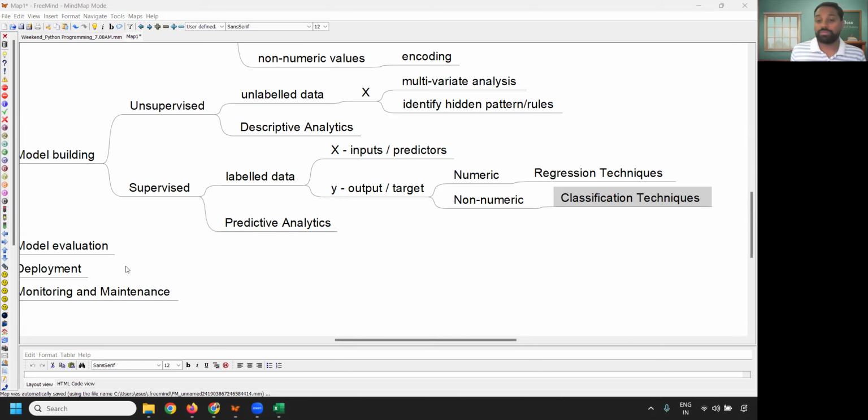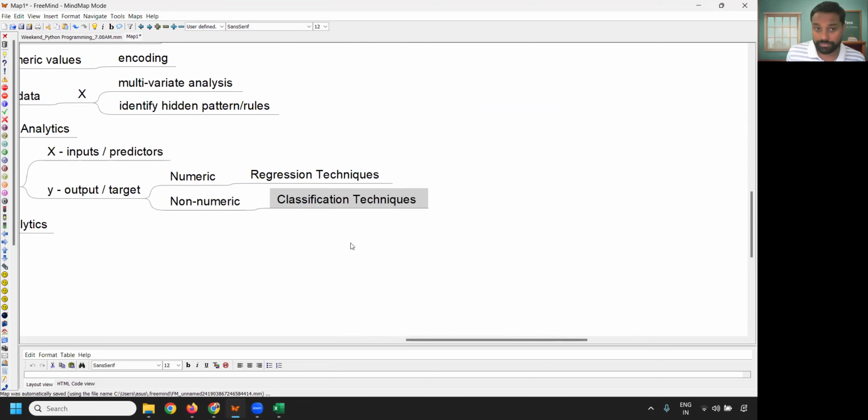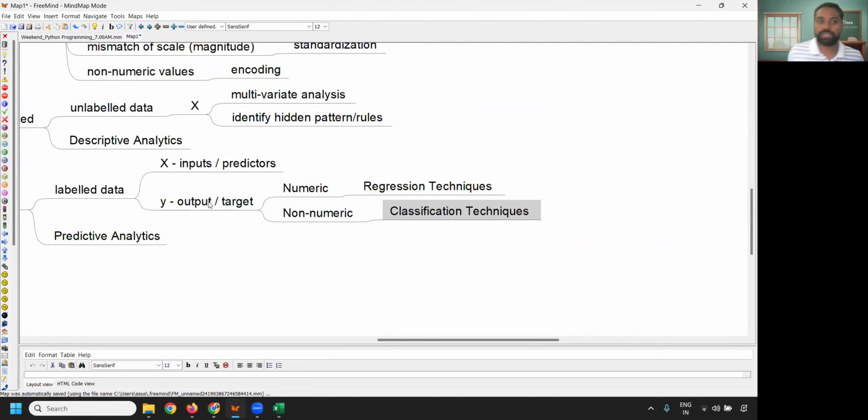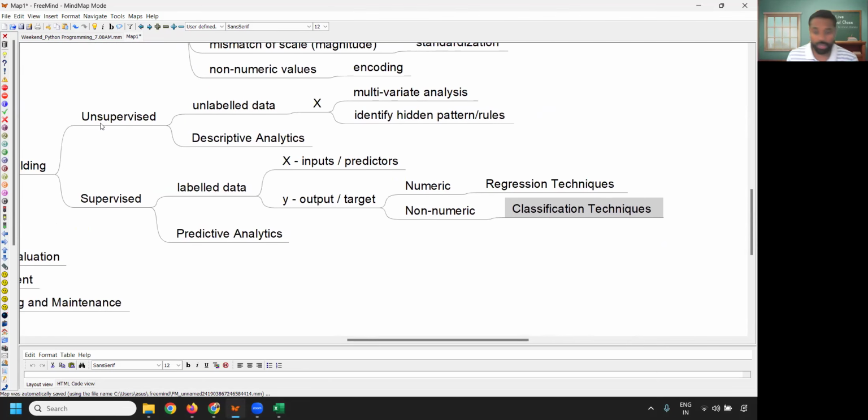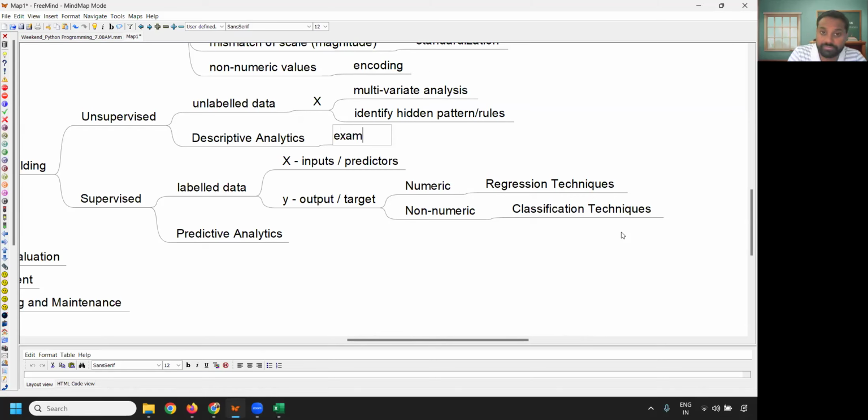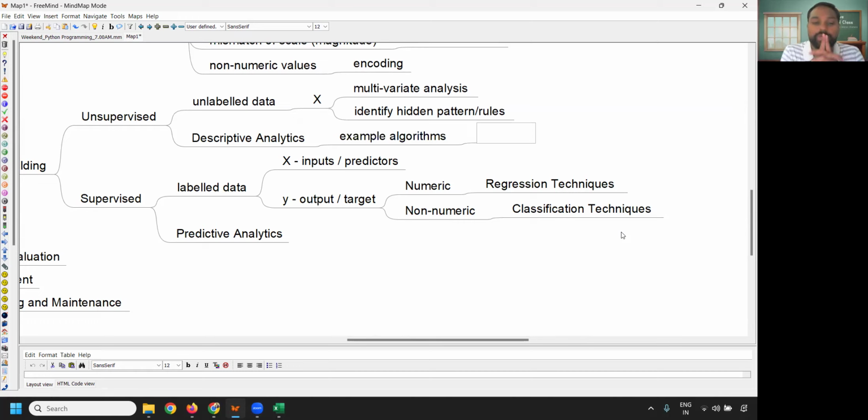Now, do you remember any of these algorithms? Anyone? Any of the algorithms? In fact, you can talk about unsupervised learning or supervised learning. Give me some examples. What are the example algorithms that you can think of in unsupervised learning?